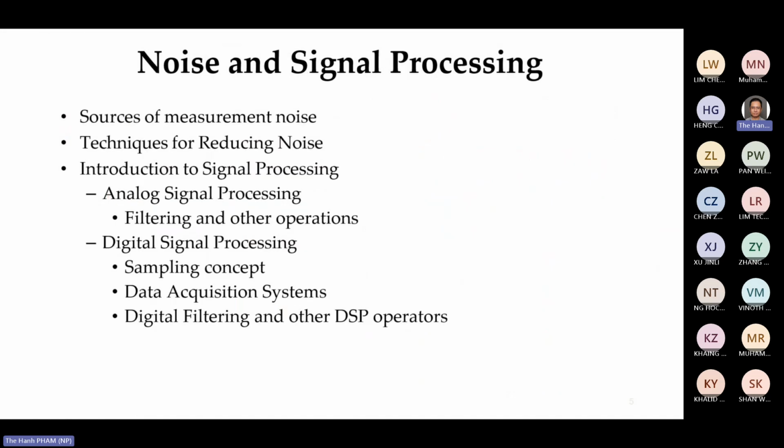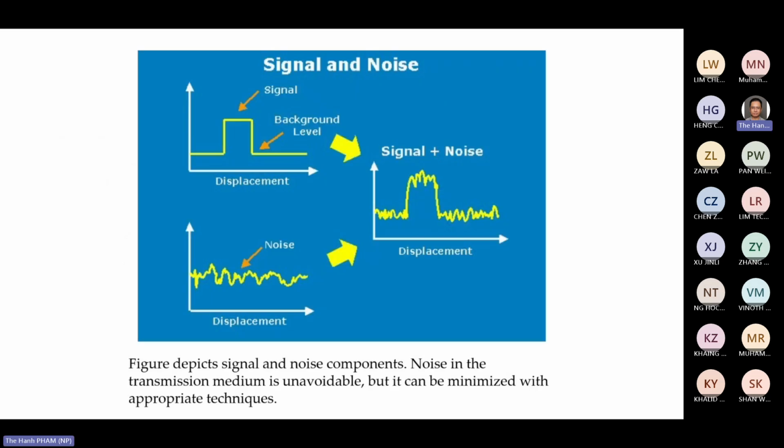Now, of course, filtering is a very important operation in the circuit because you may need to remove some noise from your signal. Here is something you have seen before, but I just have some recap here in case you already forgot.